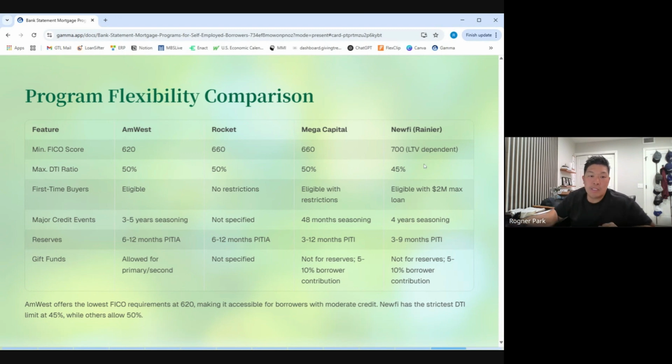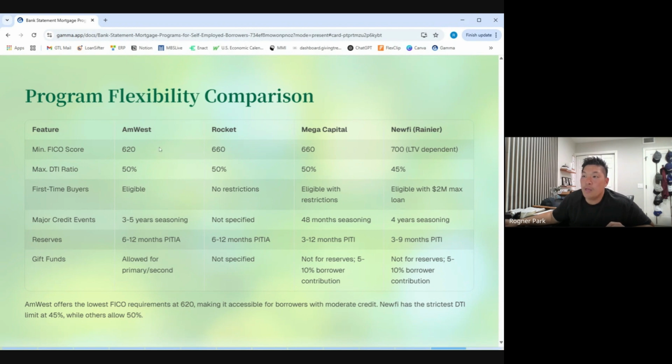Now notice though, NewFi caps it out at 45% DTI, whereas AmWest, again, is very aggressive. You can go down to a 620 FICO score with a 50% DTI ratio. But where it does change a little bit is your reserves.